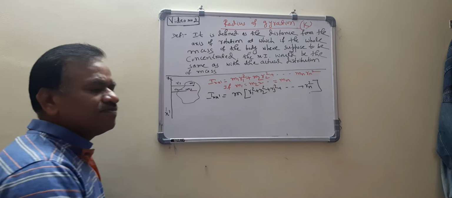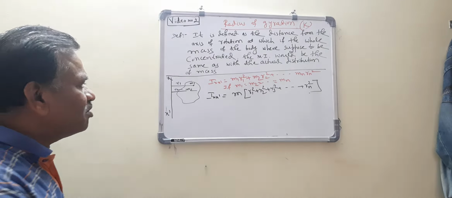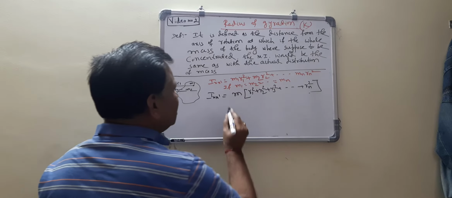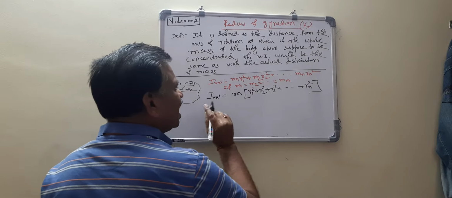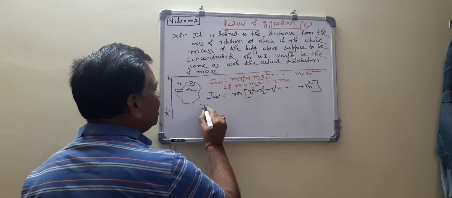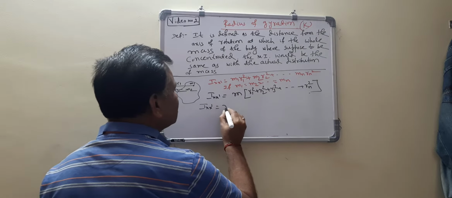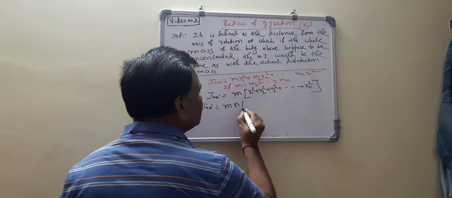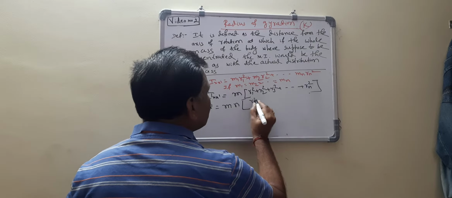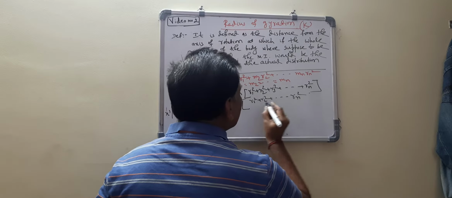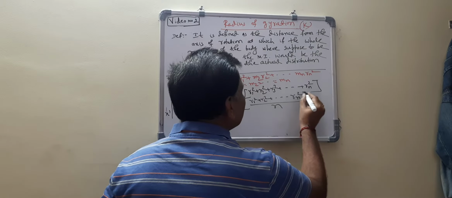I am assuming that all masses are equal. This one I will multiply by n and divide by n. I x dash equals m into n, into r1 square plus r2 square, and so on, plus Rn square, divided by n.